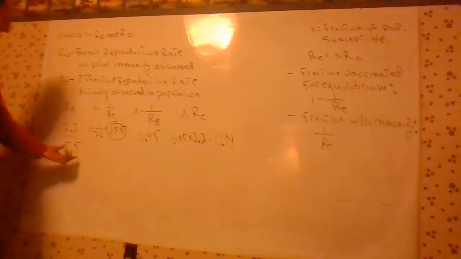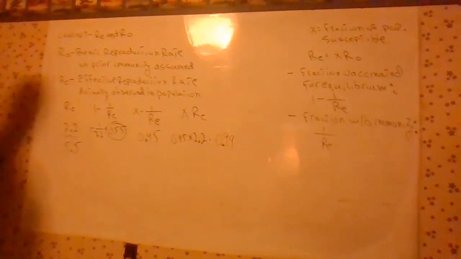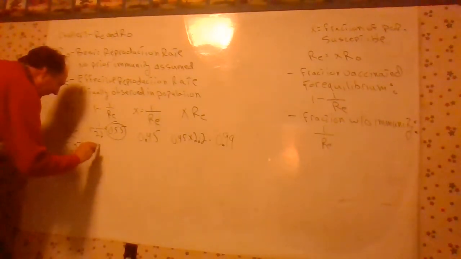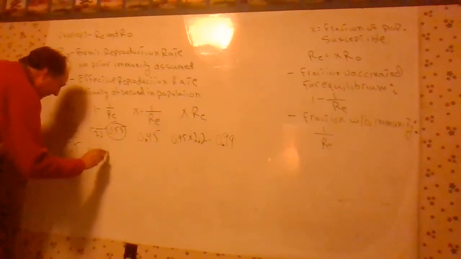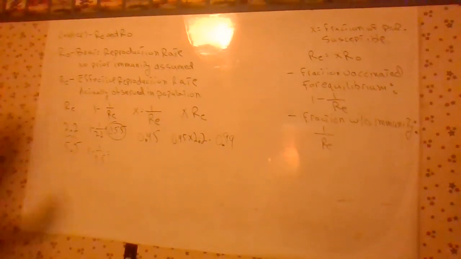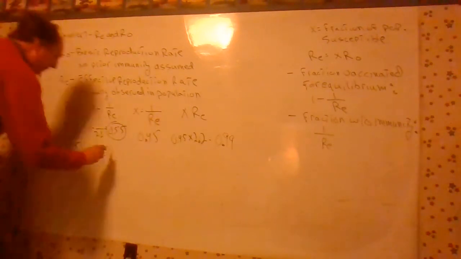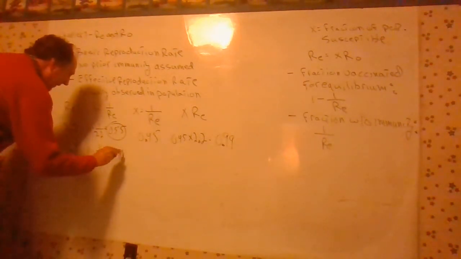So on the other hand, let's suppose we have 5.5, then we do 1 minus 1 over 5.5, which is equal to 1 divided by 5.5, and we get 0.82.